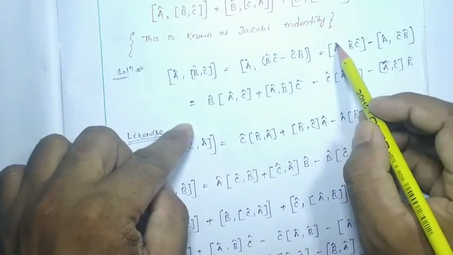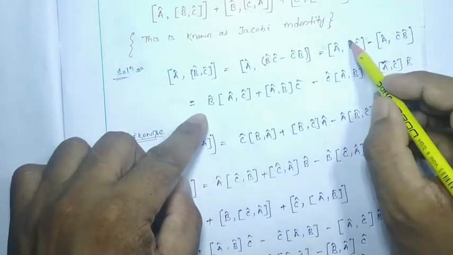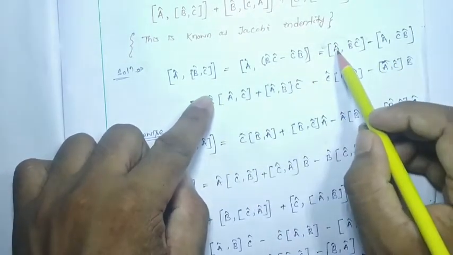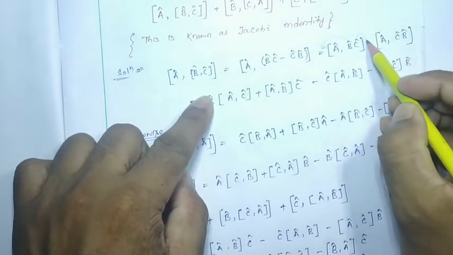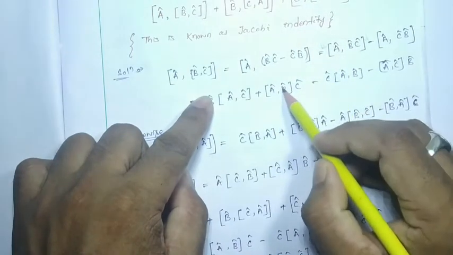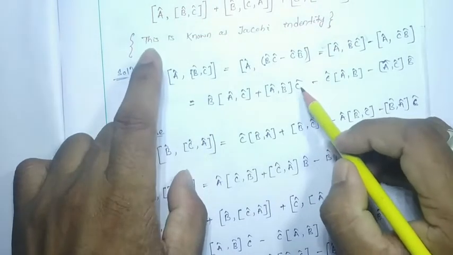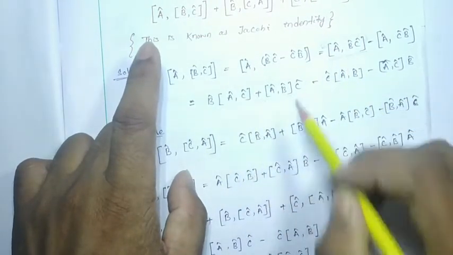First I have to take b cap to the left, and the remaining operators, a cap c cap, will be here. Then c cap is moved towards the right, plus the remaining operators a cap b cap will be there, and c cap moved to this side. So this can be written like this.